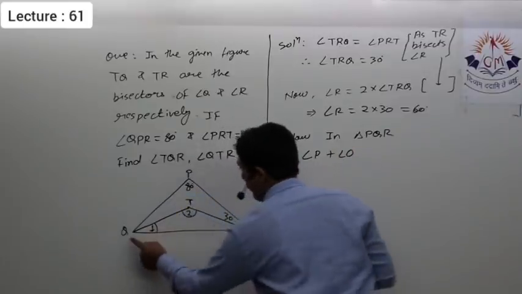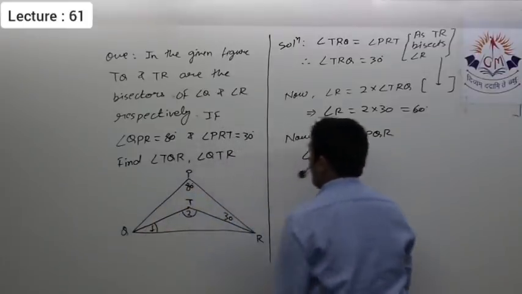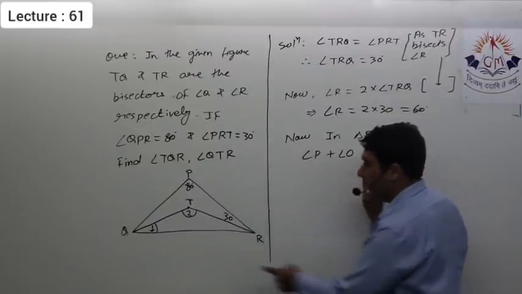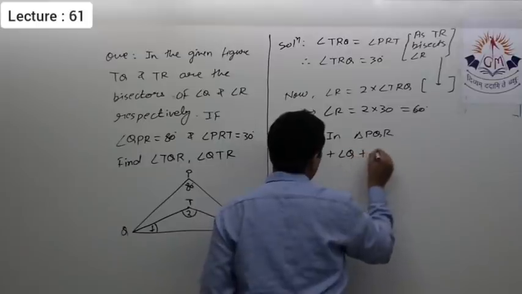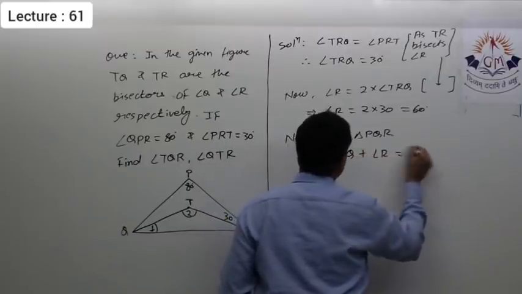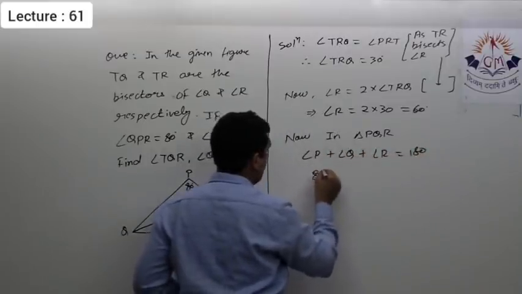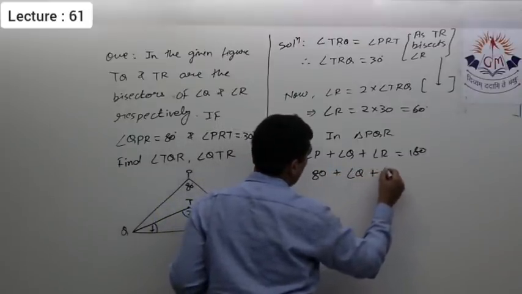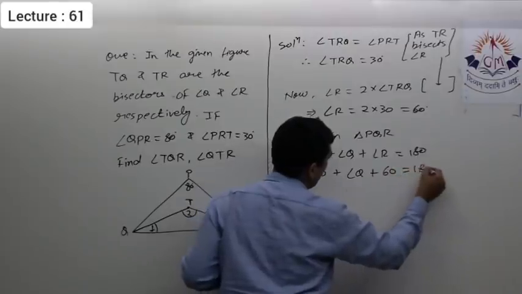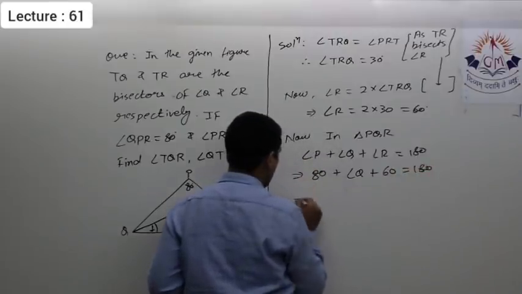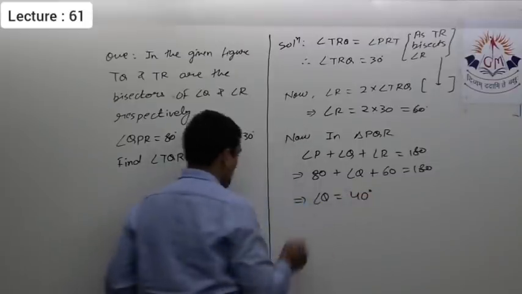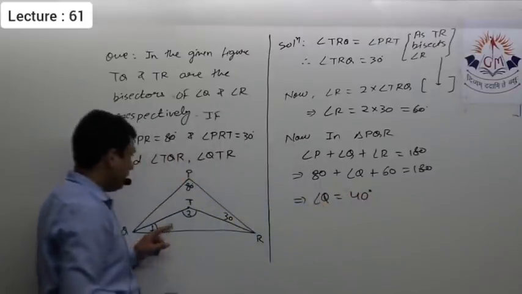I won't write just Q because at Q there is more than one angle, but here I have already specified that I am talking about triangle PQR. Angle P is 80, angle R is 60, so angle Q is equal to 40 degree.